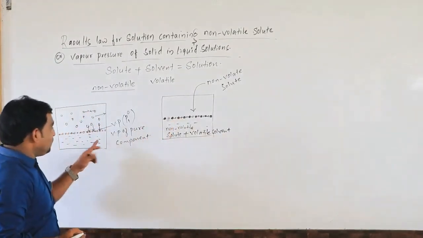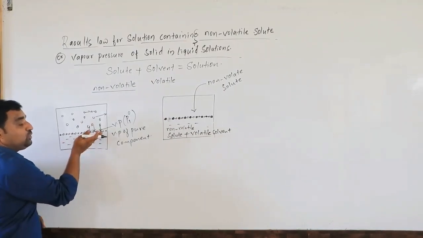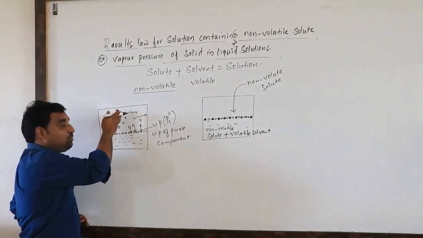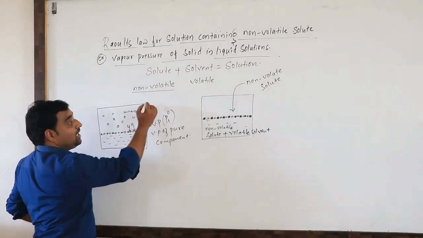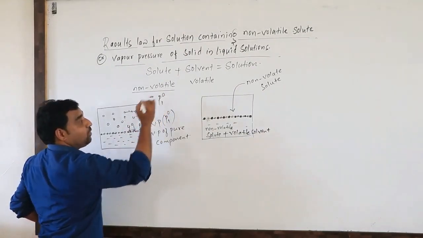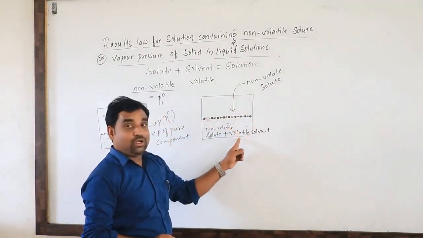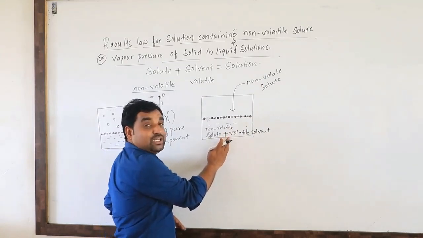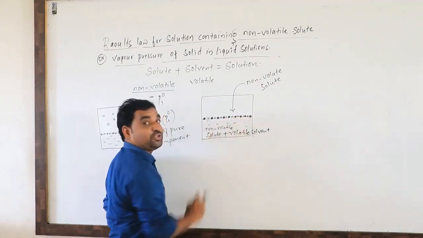In the case of a pure solvent, these are all solvent particles. Those will escape to form more vapor, and more vapor will exert more pressure. Hence we get more pressure for the pure solvent, that is P1 naught. When we add the non-volatile solute to the solvent, the escaping tendency of the solvent particles decreases because the solute particles are present at the surface.